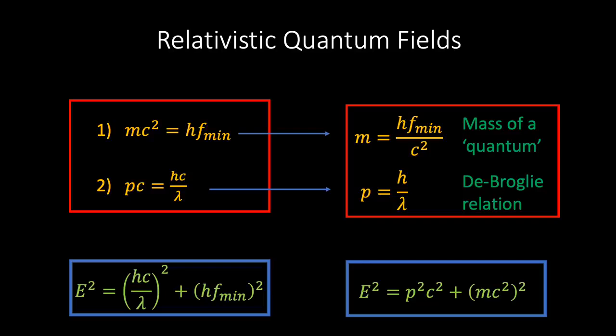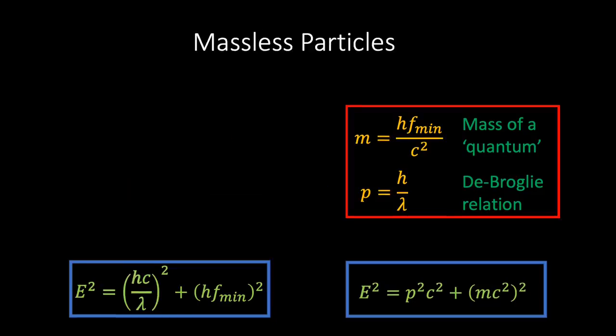But what about massless particles? How can we describe those? Well, we see from the mass equation that if the minimum frequency is set to 0, then the mass also becomes 0. And this fits with what we have already seen, because if you recall, there is no minimum frequency constraint in the unmodified wave equation, and furthermore, we know that light, which is massless, is described by the unmodified wave equation.